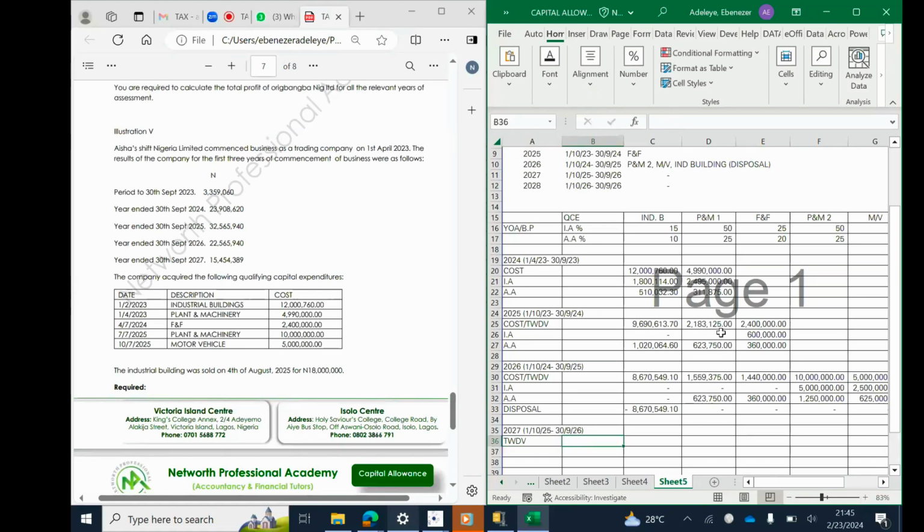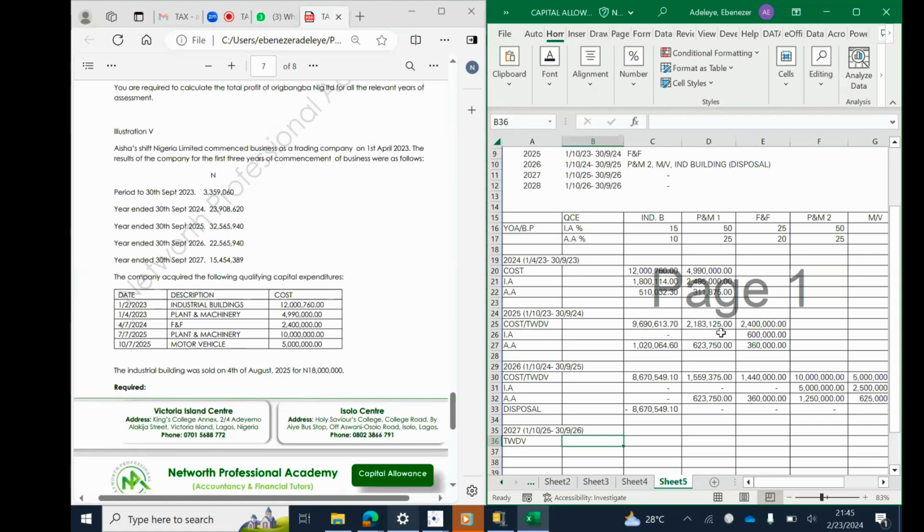That is our opening tax written down value minus the allowance in the year. And if it's for the second year, if we call that it will be the cost minus the initial allowance minus the annual allowance. Sorry, let me rephrase what I said. If it is the second year of the asset, it will be the cost minus the initial allowance in the first year minus the annual allowance in the first year.